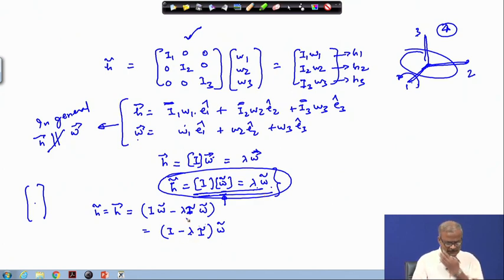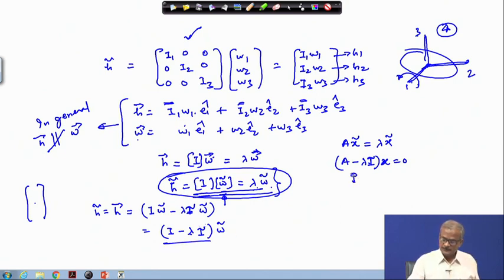Okay. So, if we write it in this way, let us say that you have A x equal to lambda x, and then you are writing this as A minus lambda I, where I is the identity matrix, times x equal to 0, and then you are solving it. So, the same thing, this is the eigenvalue problem. So, here also this is the eigenvalue problem.